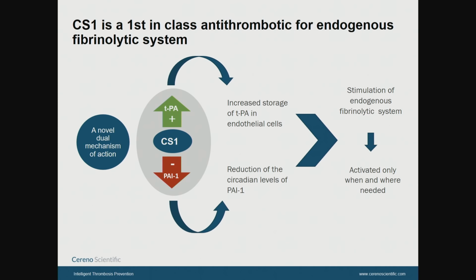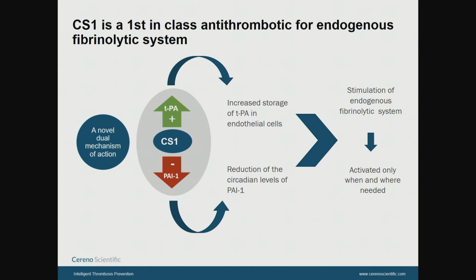So we have a dual mechanism of action. Our product can increase the synthesis, storage, and the release of TPA from the cell walls, and at the same time reduce the concentration of the risk factor PAI in the bloodstream. And by that we have a stronger defense mechanism.